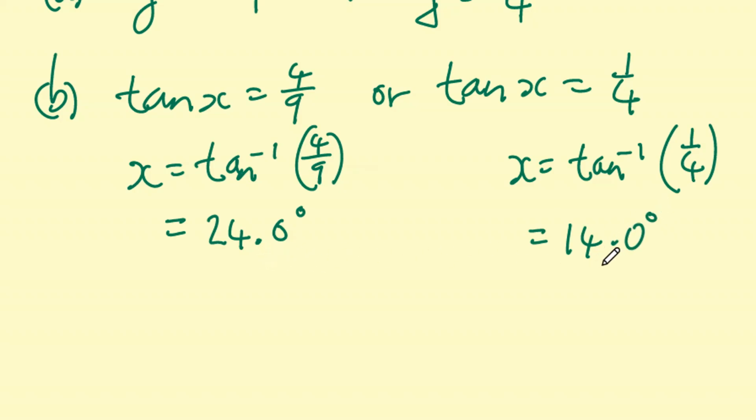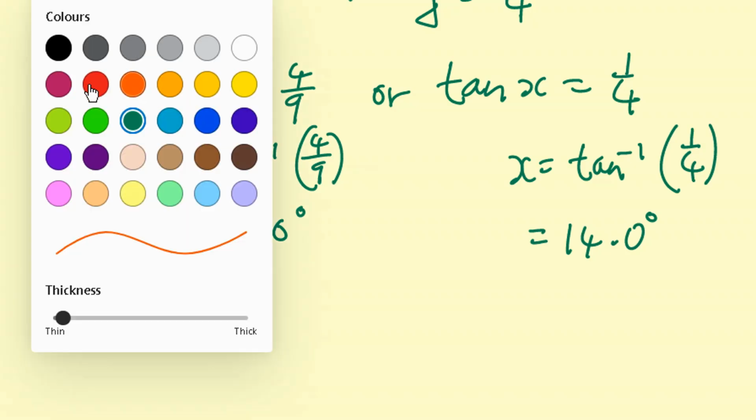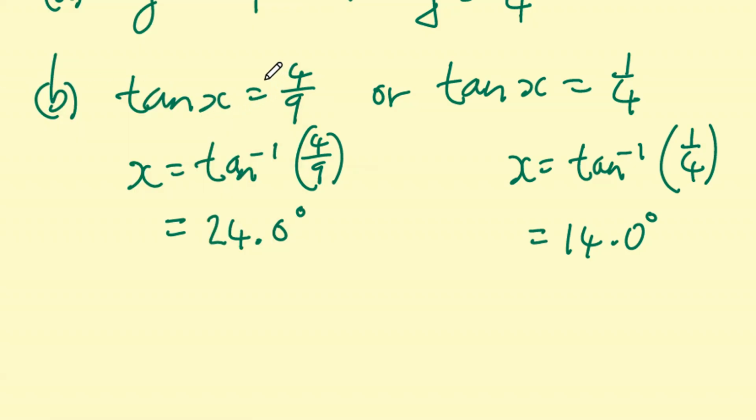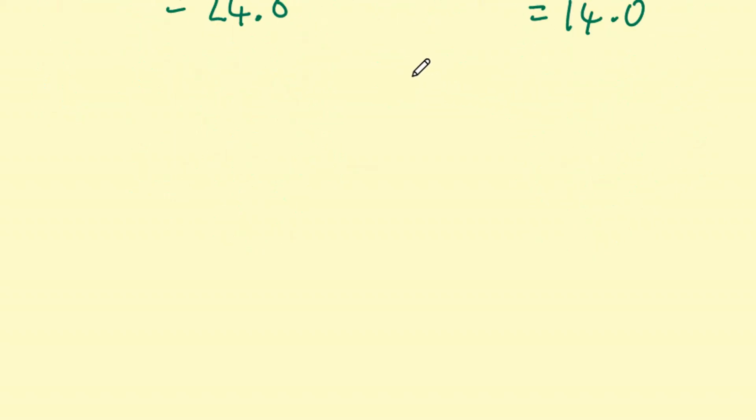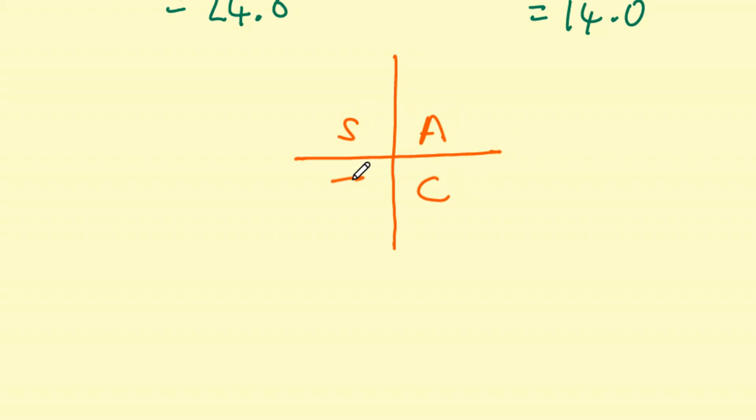Now, these are not the only solutions. What's important here is that the tan of x equals positive 4/9 here, and here it's equal to positive 1/4. So now we need to look at the cast diagram. So the cast diagram, C-A-S-T.